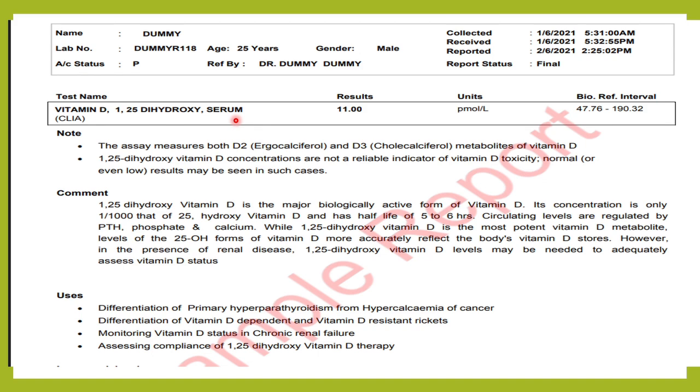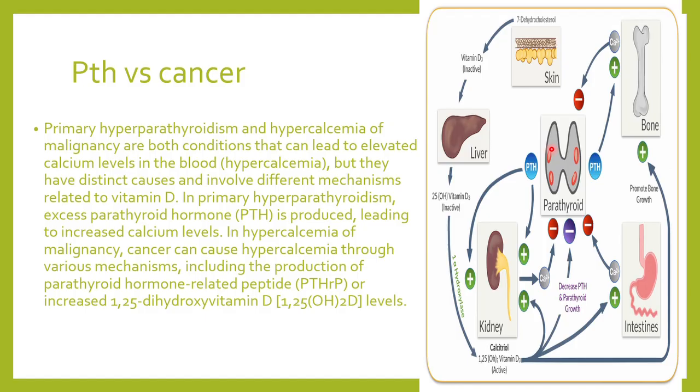That is, when we have to differentiate between primary hyperparathyroidism and hypercalcemia of cancer. So how do we differentiate primary hyperparathyroidism from hypercalcemia of cancer? In primary hyperparathyroidism, what happens?